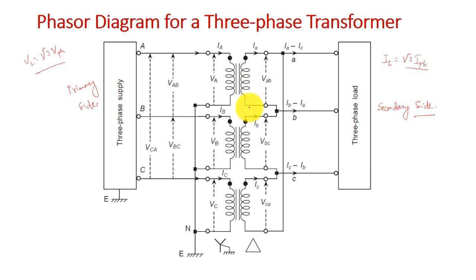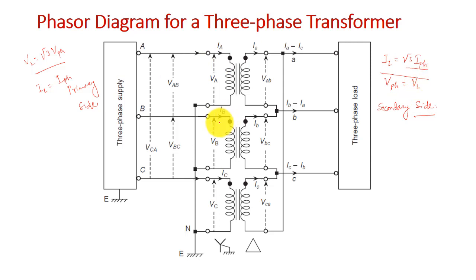In case of the star connection on the primary side, the line current is equal to the phase current, and the phase voltage is equal to the line voltage. This is the difference of relationship between current and voltage.